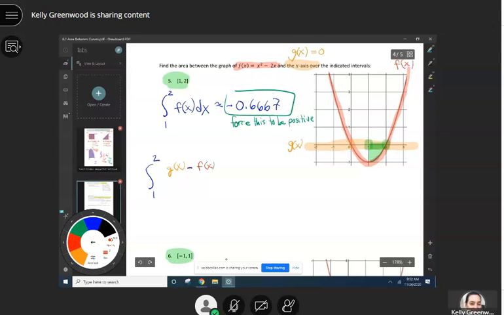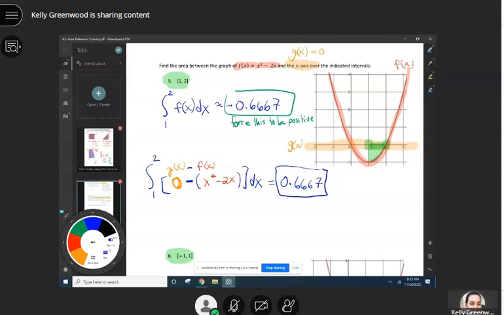So g of x was just the x-axis, 0, minus f of x was your quadratic function, and then all of that dx. If I type that into Desmos, it's automatically going to force it to be positive, and I don't have to use any logic or think about it. So I'm going to type that into Desmos and just show we get the positive out.